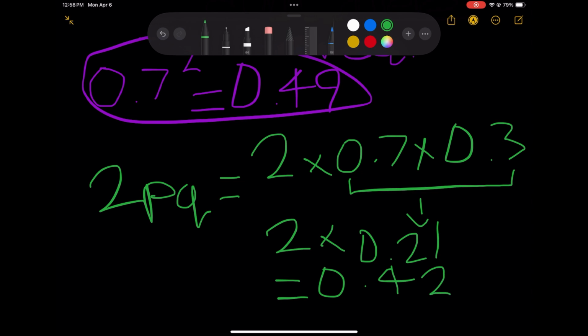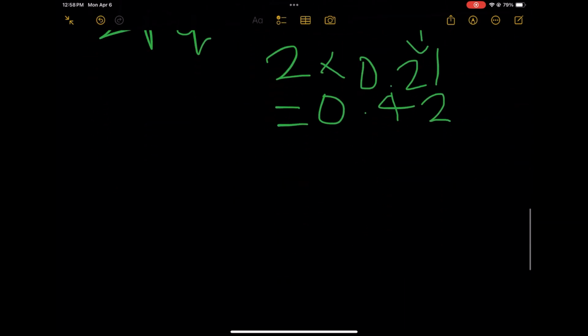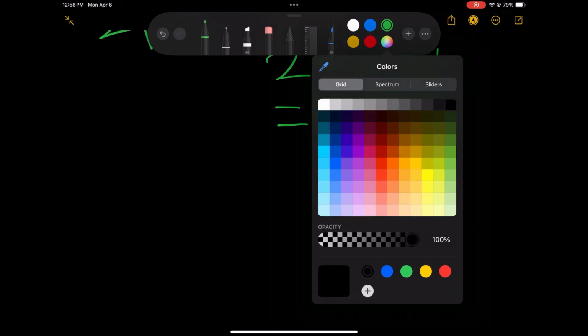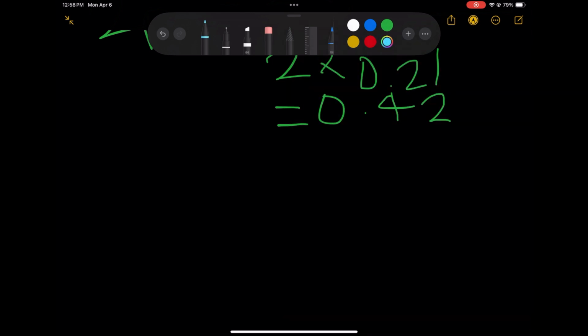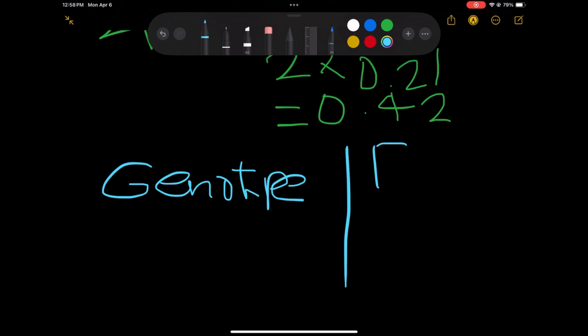Now, 0.7 times 0.3 is equal to 0.21, and when you multiply that by 2, that gives us 0.42. And we're pretty much done.